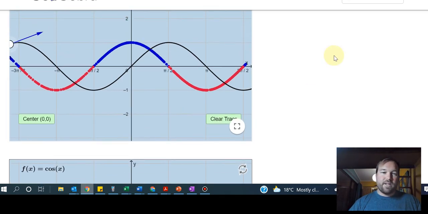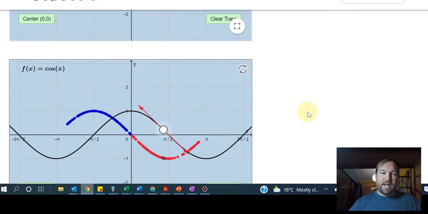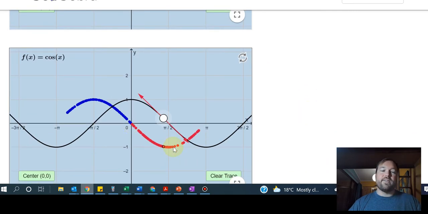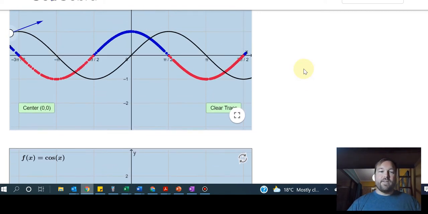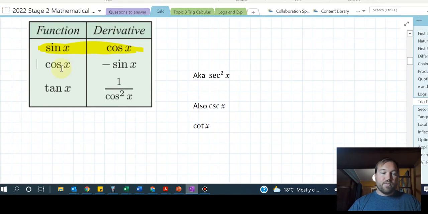So if you look at the sine curve up here, this black one, at the origin it goes up, but down here the derivative function heads down. It turns out that the derivative of the cos is just the negative of the sine curve. So the derivative of cos is negative sine.